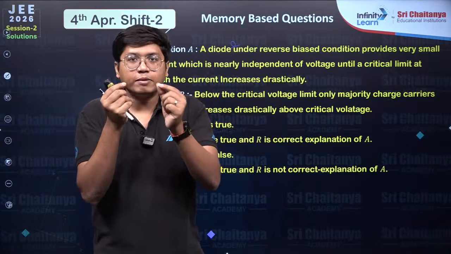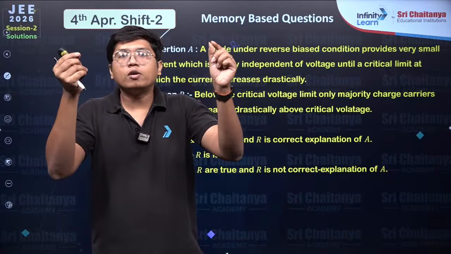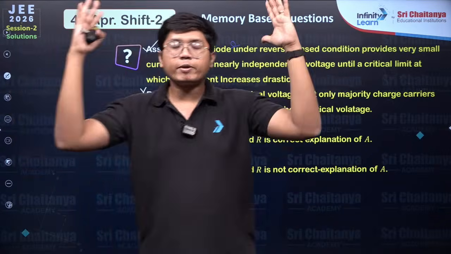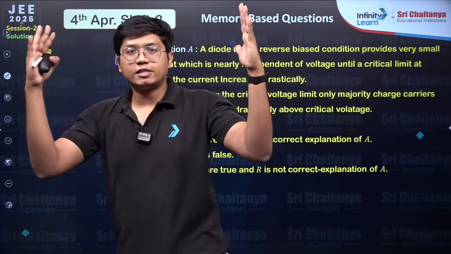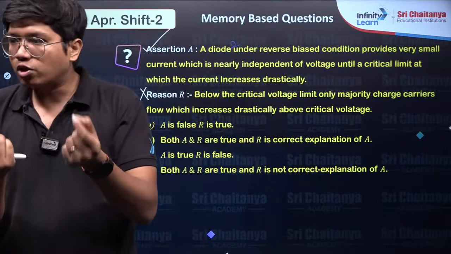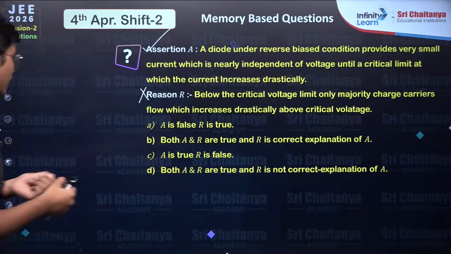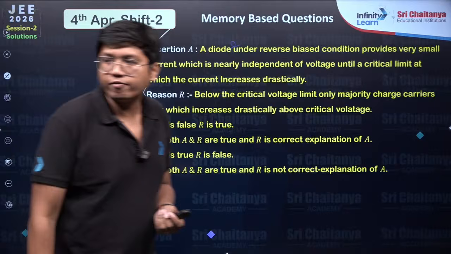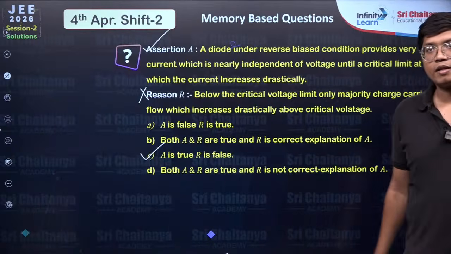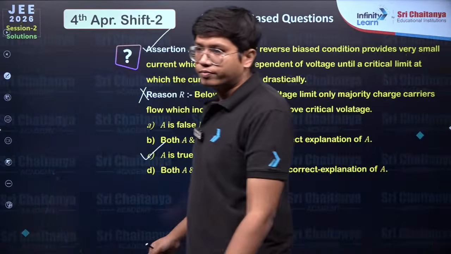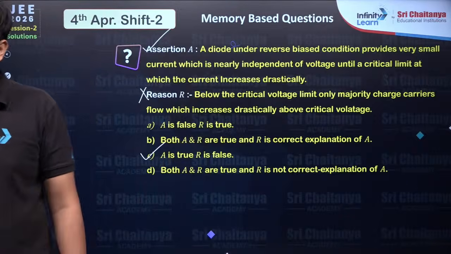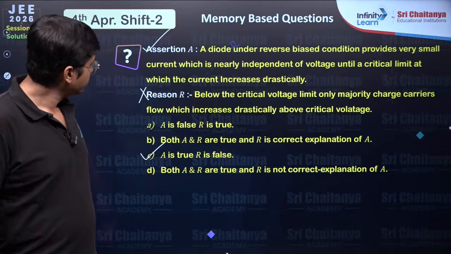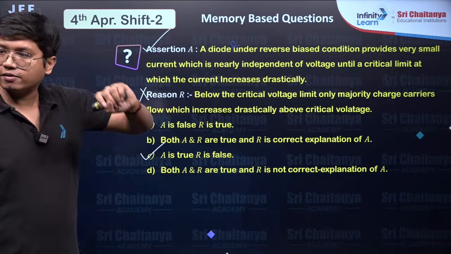Because of thermal agitation, an electron hole pair is created, and it is those electron hole pairs that get accelerated because of the electric field set up in the depletion region. Those are minority carriers, not majority carriers. So the correct answer is A is true, but R will be false. It's the minority charge carriers that move that create the reverse saturation current. It's not B. Assertion is correct, reasoning is false.